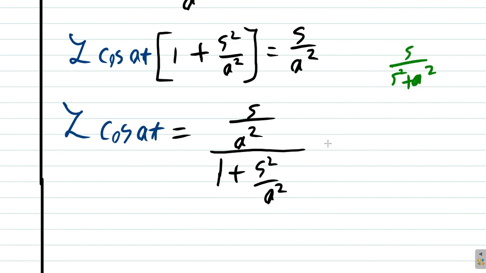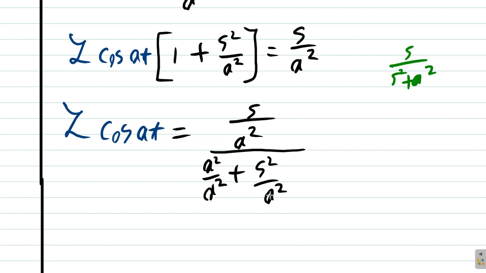Let's see what happens here. Suppose we consider using common denominators here. 1 is the same thing as a squared over a squared. You see that? So now, a squared plus s squared over a squared.